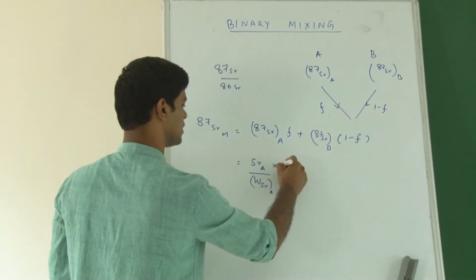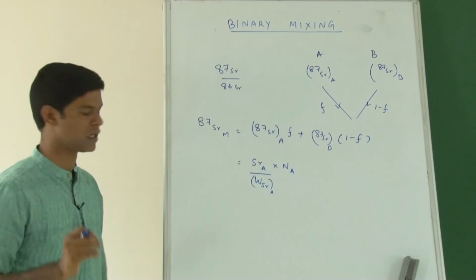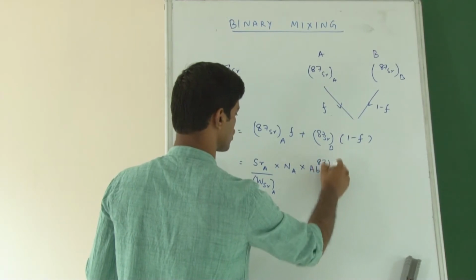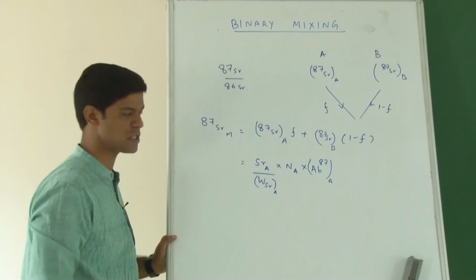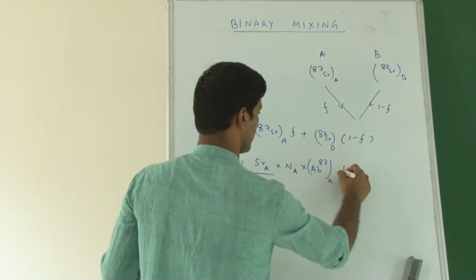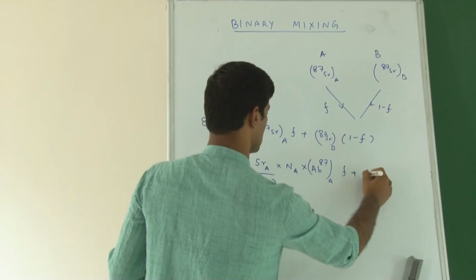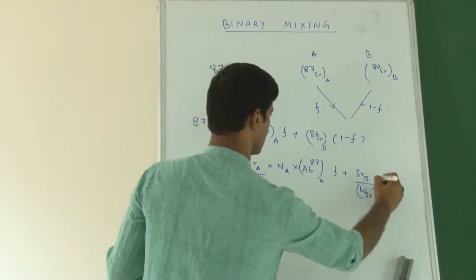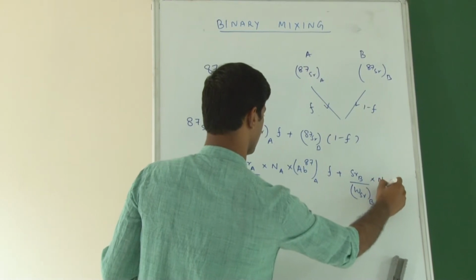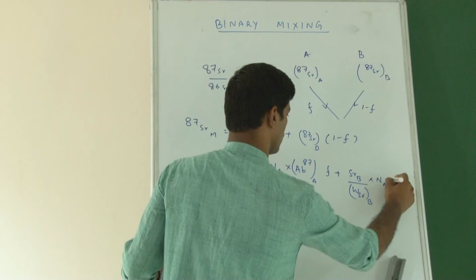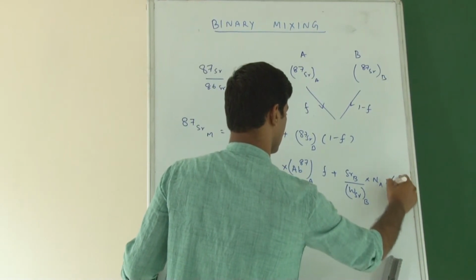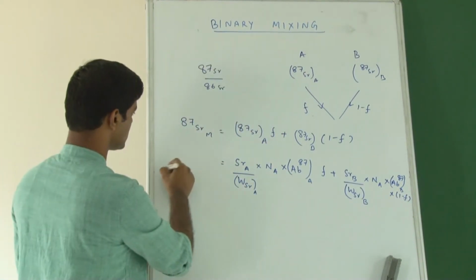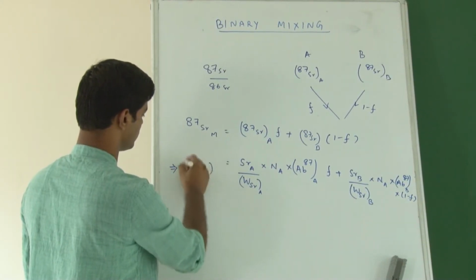If you multiply that with Avogadro's number, you will know the number of atoms in that, and then if you multiply that with abundance of 87 strontium in A, then you will get the 87 strontium A term, then you have a F, and then same for B, you have a strontium B, atomic weight for strontium in B multiplied by Avogadro's number, which is not going to be different, and then you will have abundance of 87 in B multiplied by 1 minus F. So, this is our 87 strontium in the mixture.